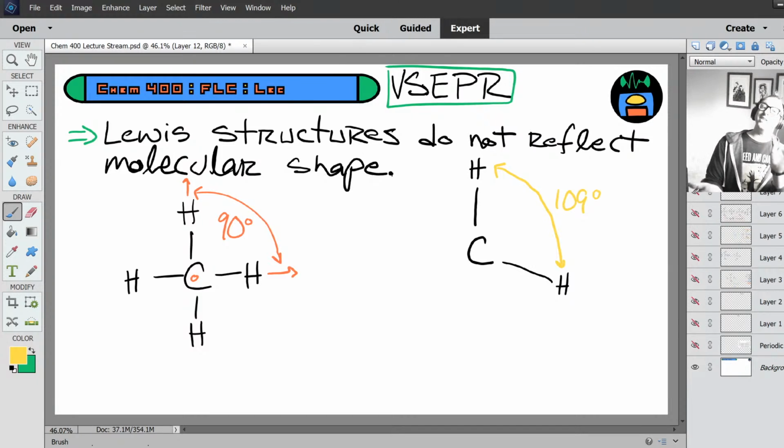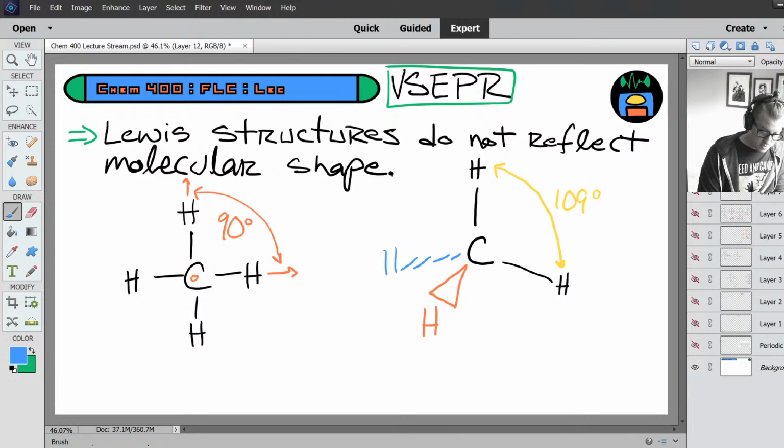It can actually get 109 degrees apart. And the reason why is you may be going, well, if you widen that angle, won't it just smush the other two hydrogens? The answer is no. Because one of those hydrogens comes out of the board towards you, and the other goes back behind, away from you. All right?